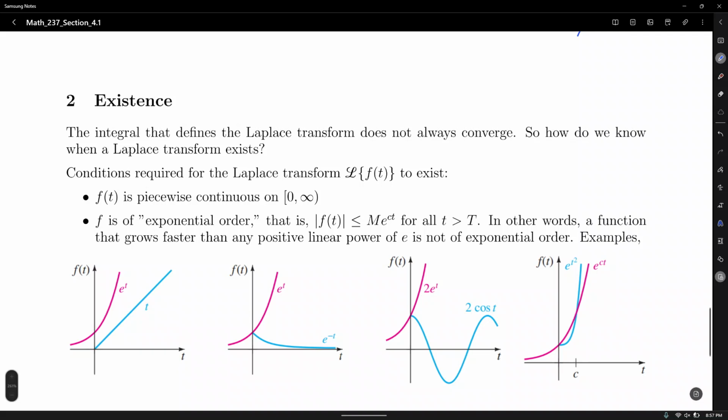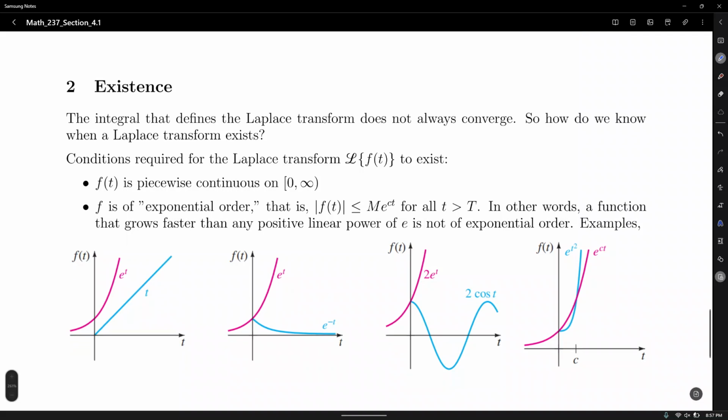What does that mean? It means that the absolute value of the function is less than or equal to some number times e to the some number times t, for all t greater than capital T. In other words, a function that grows faster than any linear power of e is not of exponential order.